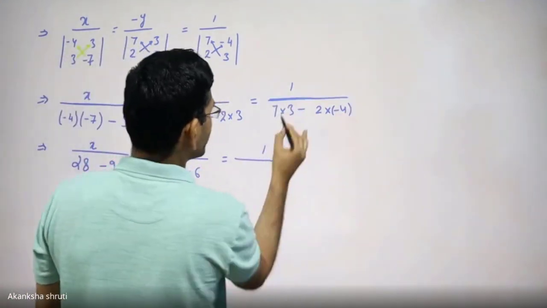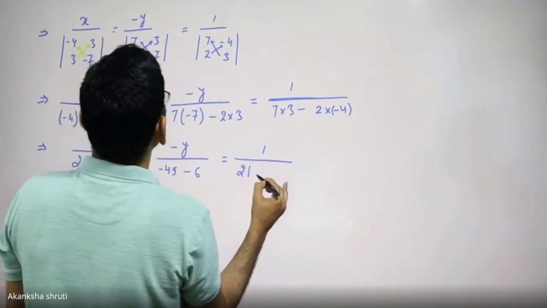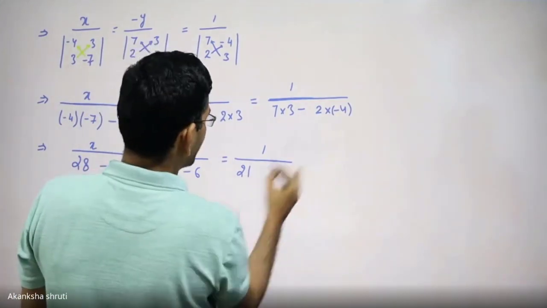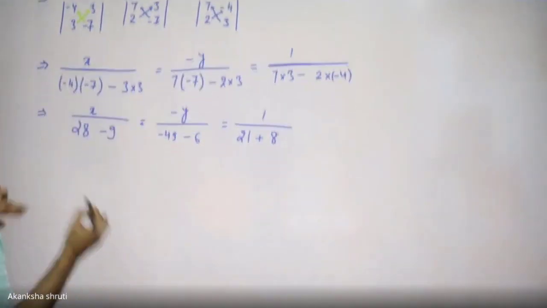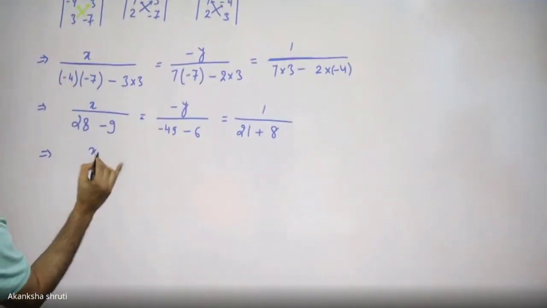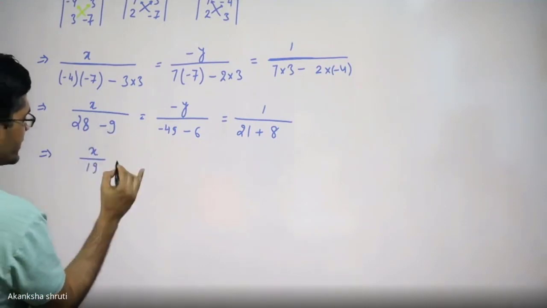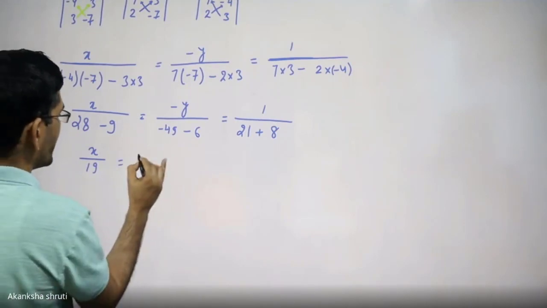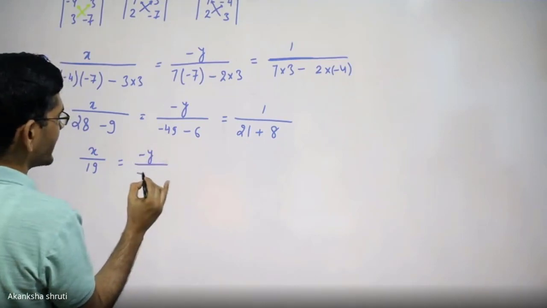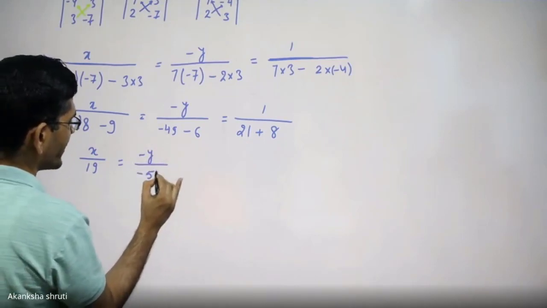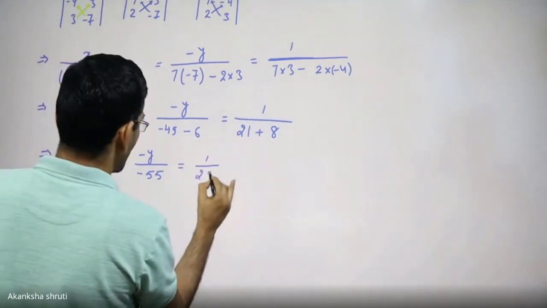In the denominator we have 7 threes are 21 and minus turns into plus, 4 twos are 8. This means this is x. Go for subtracting. 28 minus 9 is 19 is equal to minus y divided by, both are negative, it becomes minus of 55 is equal to 1 by, it is 29.